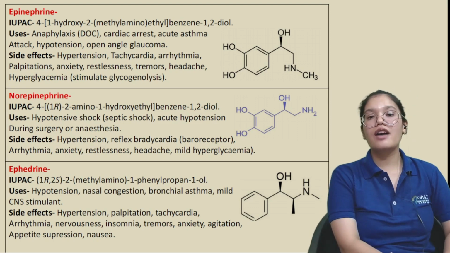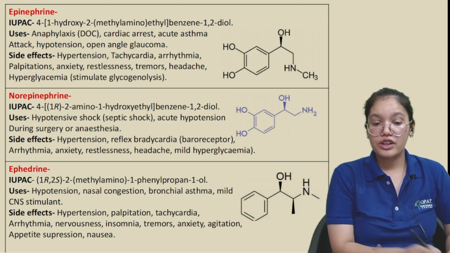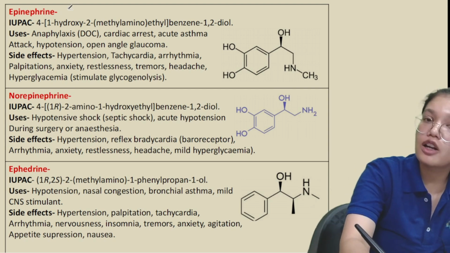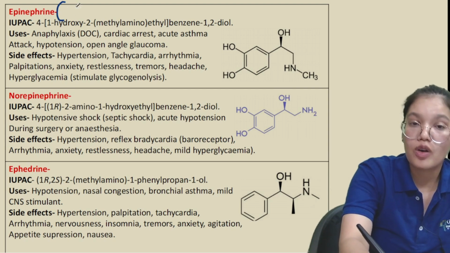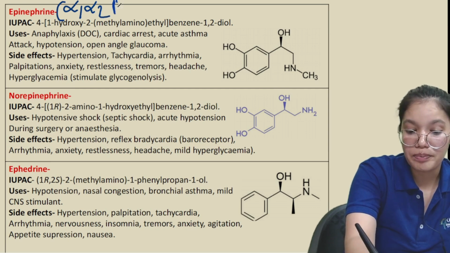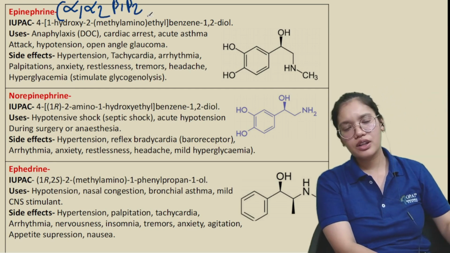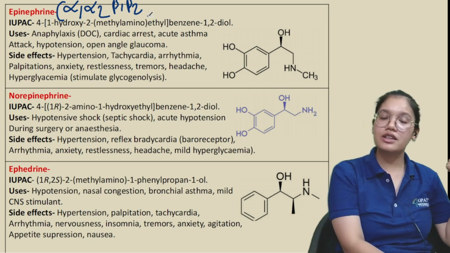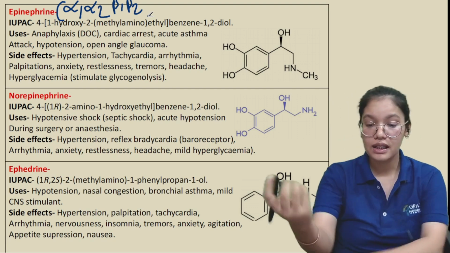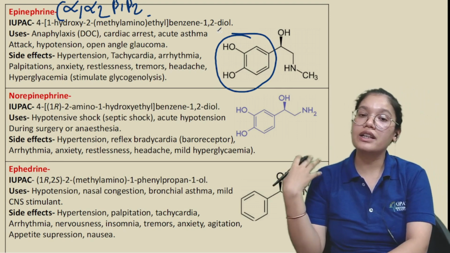Next drug we have is epinephrine. Epinephrine, also called adrenaline, is a non-selective drug which has affinity for the receptors alpha 1, alpha 2, beta 1 and beta 2. The structure was already discussed during the synthesis, but still, it has a catechol ring.